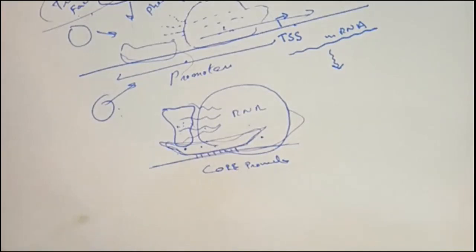There are certain transcription factors which are directly helping the RNA pol 2, and there are certain other transcription factors which are indirectly supporting those transcription factors so that it can proceed with the transcription.